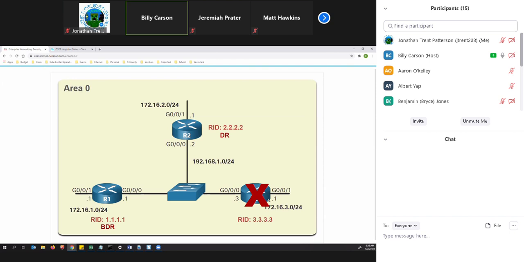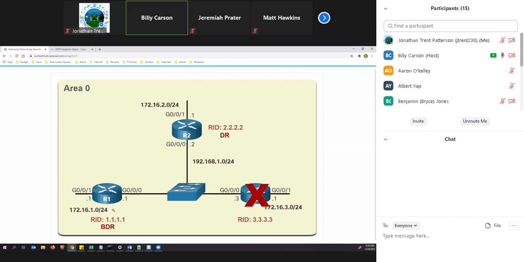I'm the backup designated router, and I'm now elevated to the DR. And then once that becomes the DR, we go through an election period to find out who's the next highest priority. If it's not the priority, I look at my router ID and say, here's my next router ID. So now you are the BDR. So see how that happens?